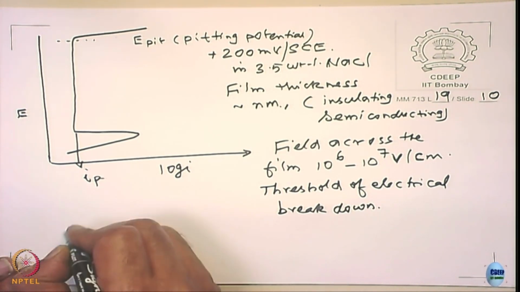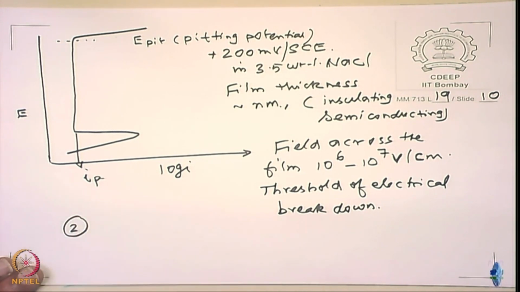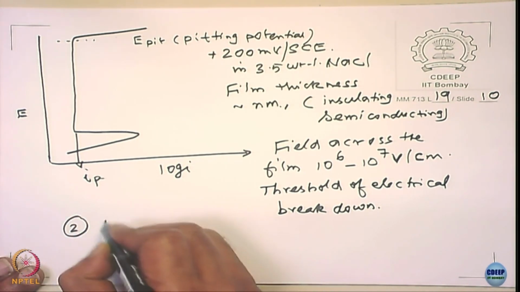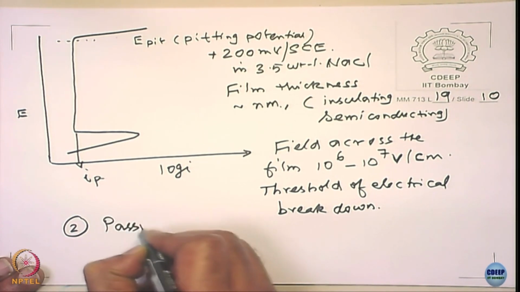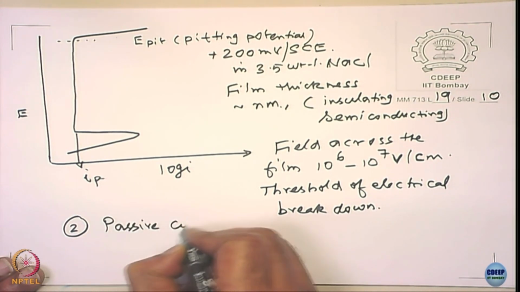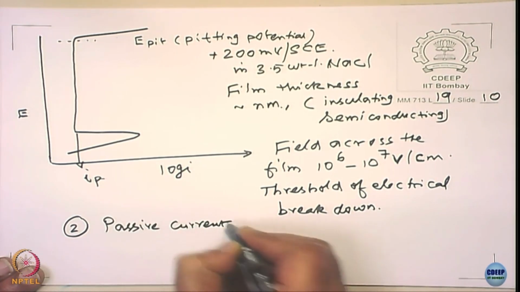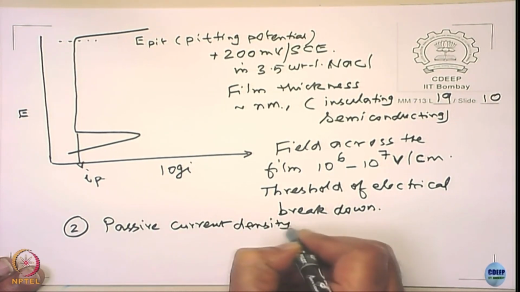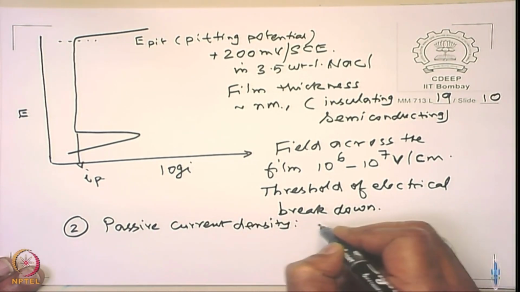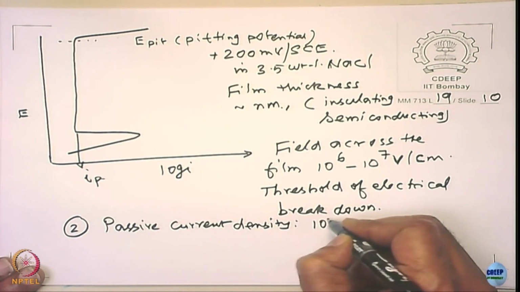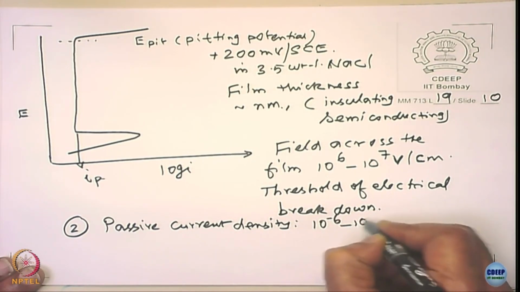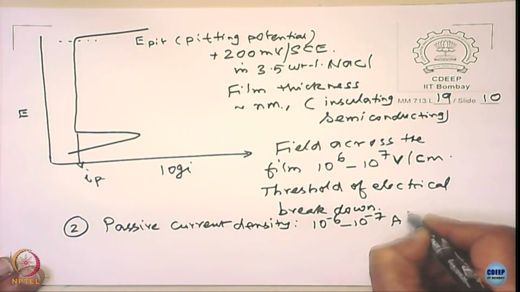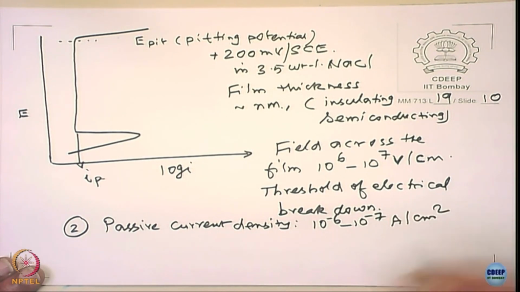The second aspect of it is the passive current density. It is of the order of what? It is of the order of 10 power minus 6 to 10 power minus 7 amperes per centimeter square.